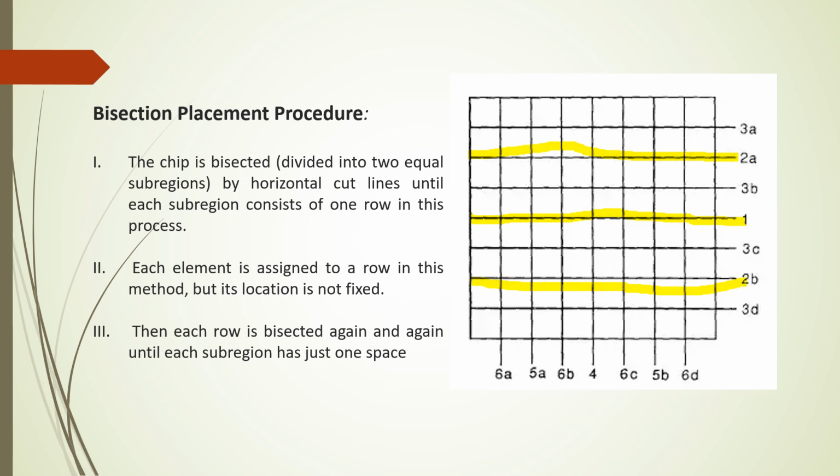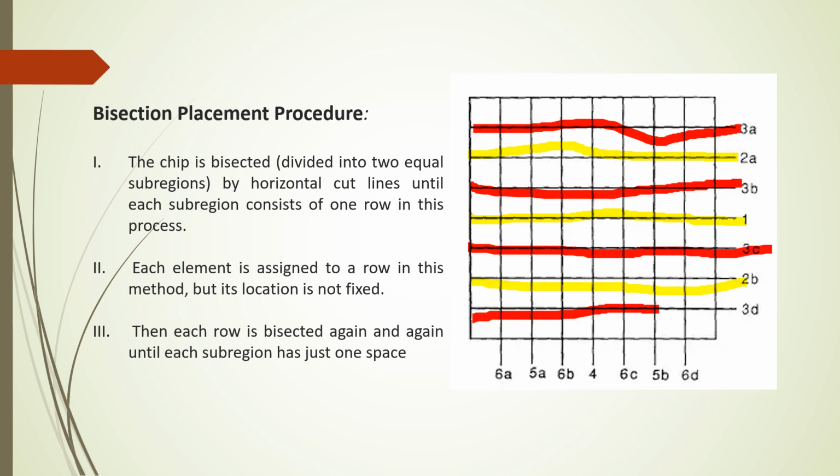Then we have the next divisions, which are again dividing this 2A portion into 3A and 3B. And here you have 3C and 3D.